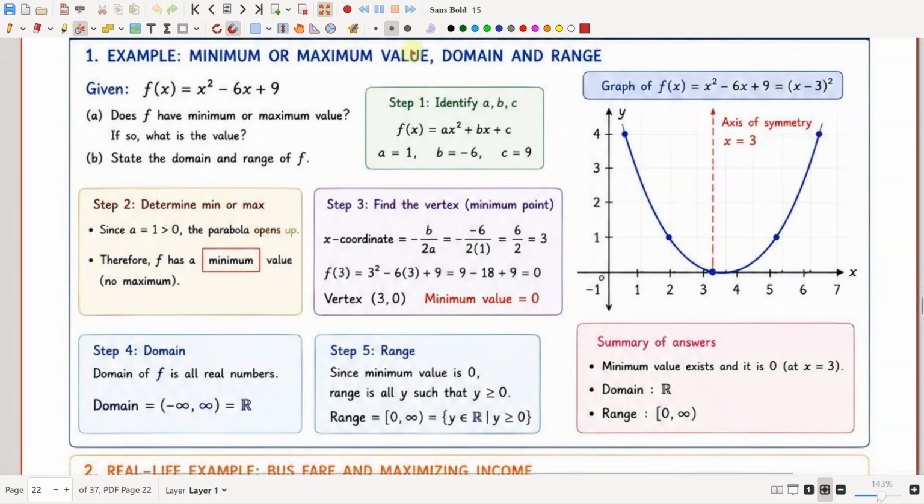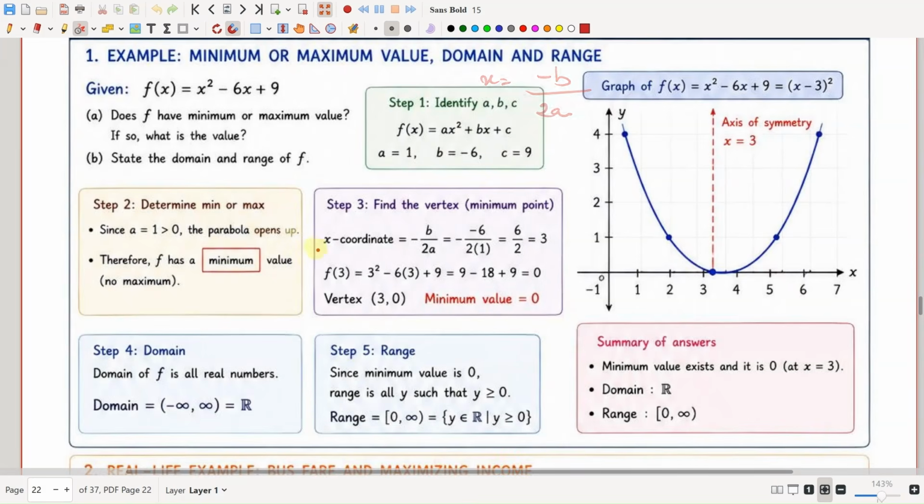For finding the vertex and the axis of symmetry, the formula will be minus b by 2a. In the question, sometimes they may specify it as vertex, or sometimes as axis of symmetry. In both cases, the formula will be x is equal to minus b by 2a.